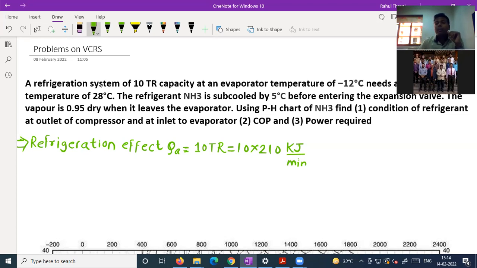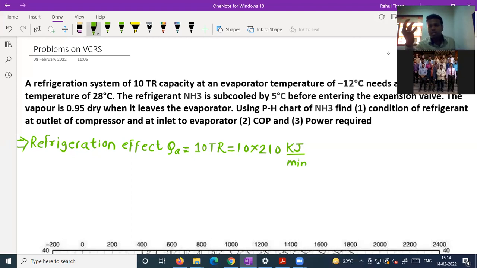At an evaporator temperature of minus 12 degrees Celsius. When you talk about the vapor compression refrigeration system, there are basically 4 components.